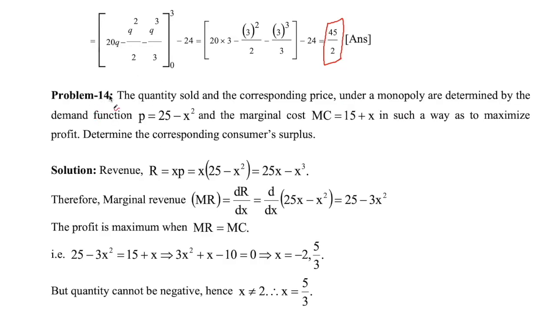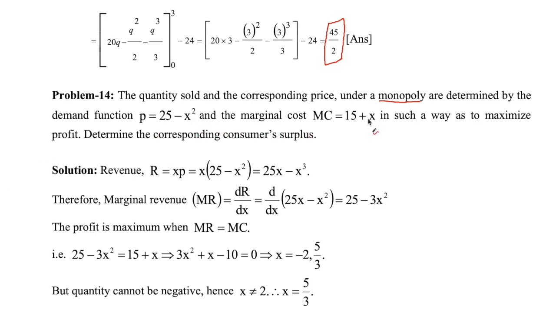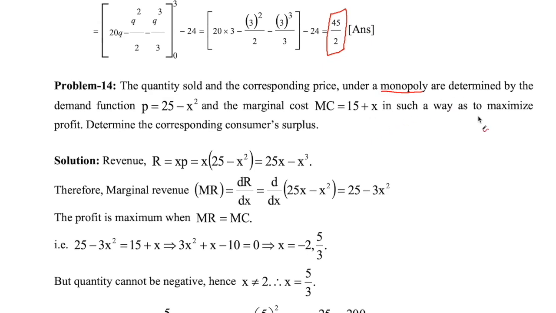Now problem 14. The quantity sold and the corresponding price under a monopoly. You see, the market is in monopoly, determined by this demand function and the marginal cost in such a way as to maximize profit. Determine the consumer surplus.